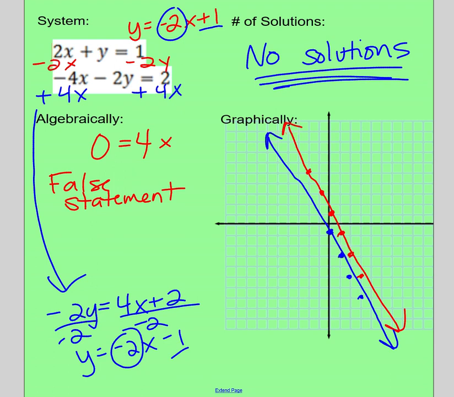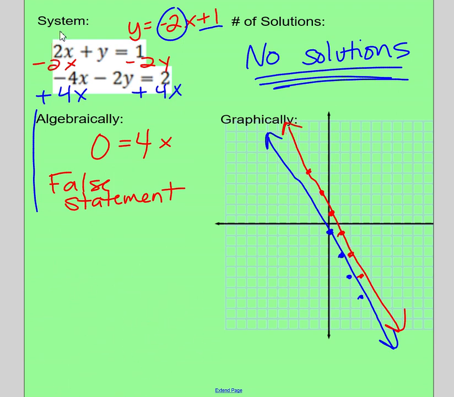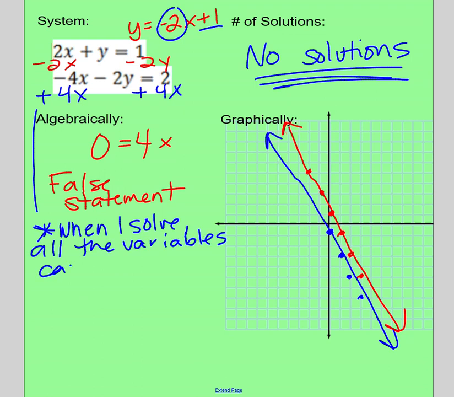Okay? So I want to note, like, what happened here? How did I know that there was no solution? You might want to jot this down. What happened when I solved: all the variables cancel, and we were left with a false statement.